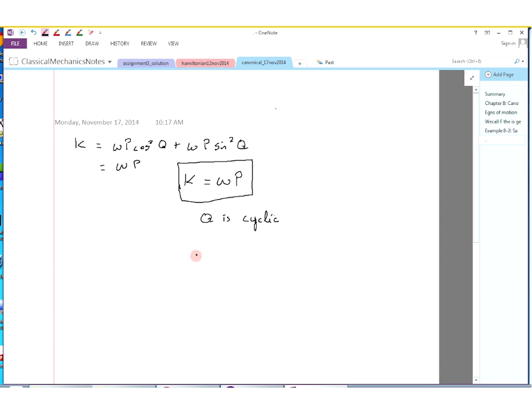And so capital P is equal to a constant. And that constant is actually the energy over omega, because K, which is equal to the Hamiltonian, is also equal to E.